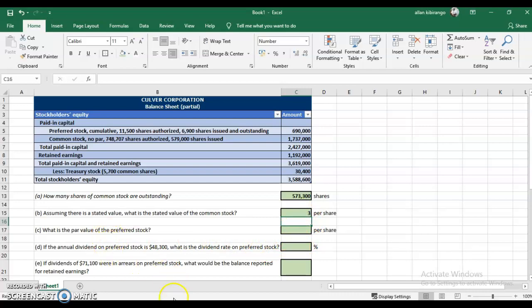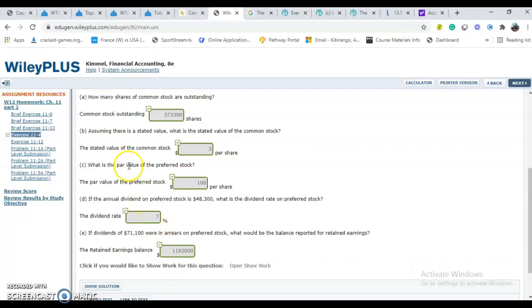And the third question is, what is the par value of the preferred stock?